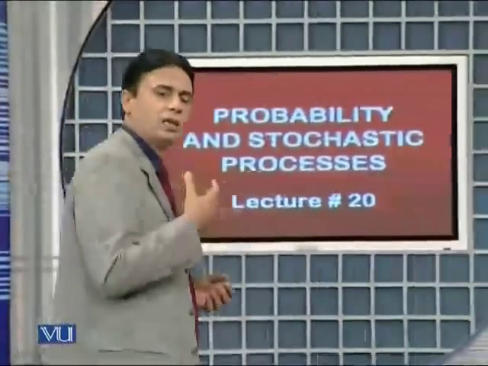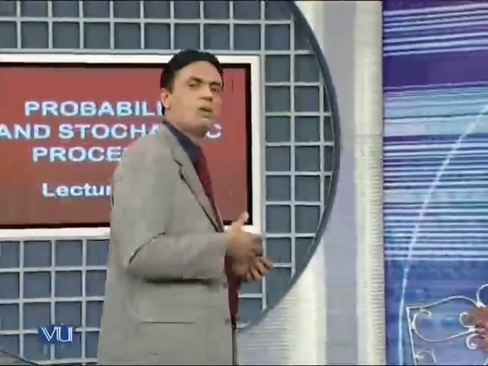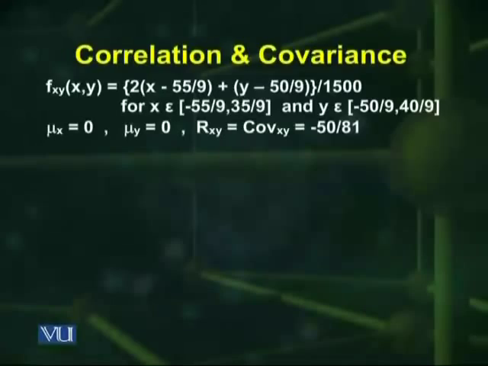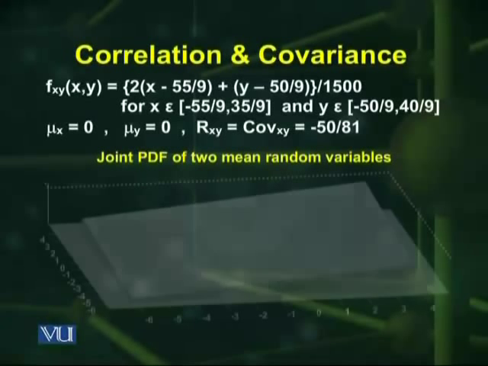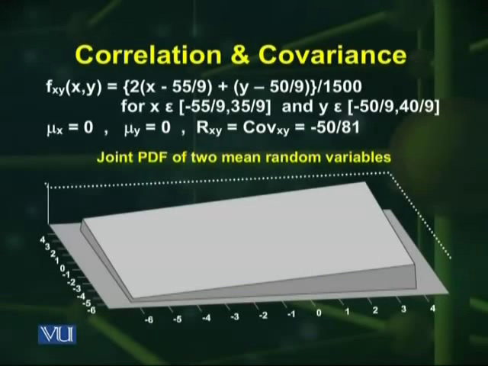Let's move on and find the correlation and covariance of our next pair of random variables, which are also not independent, and their joint PDF is shown on the slide. This joint PDF is obtained from the previous PDF that we were discussing, the non-flat tilted plane type PDF, but now this PDF is shifted in the opposite direction.